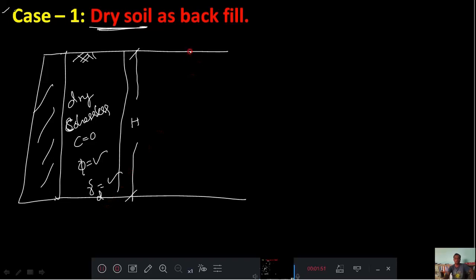Then, considering the reference line, I need to calculate the earth pressure distribution from top to bottom.